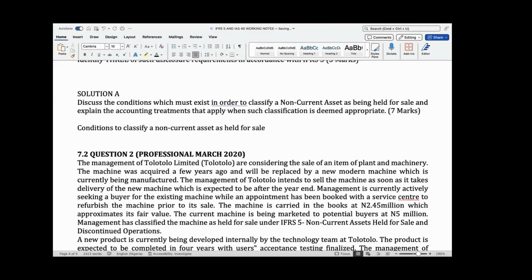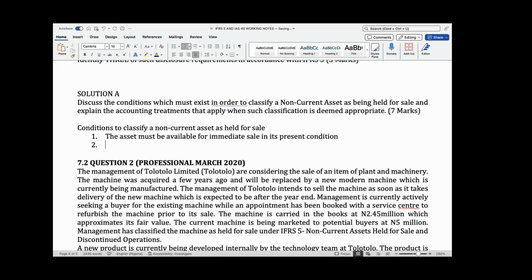Number one, the asset must be readily available for immediate sale in its present condition.